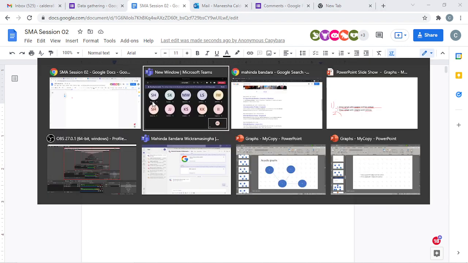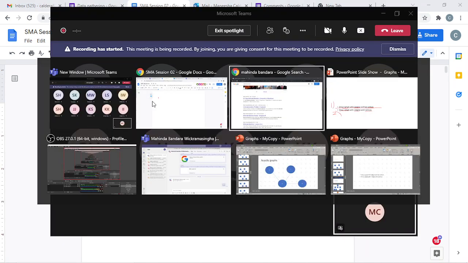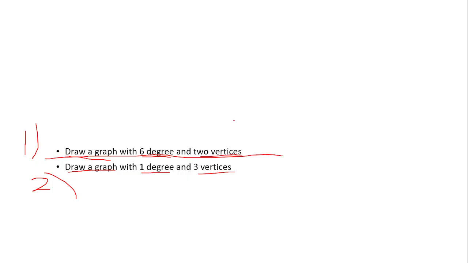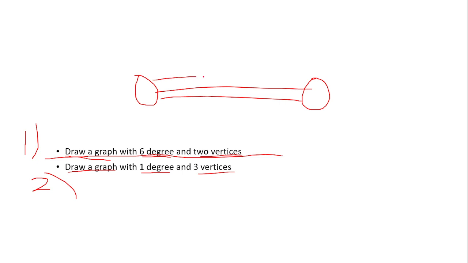No answers. Why? Got the point? Or a problem? The degree should be high. 6. Two vertices. Two vertices, then 1, 2, 3, 4, 5, 6. 6 degree.